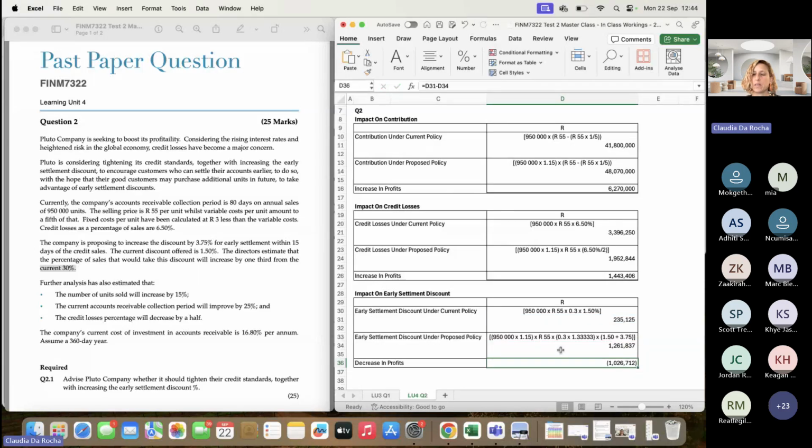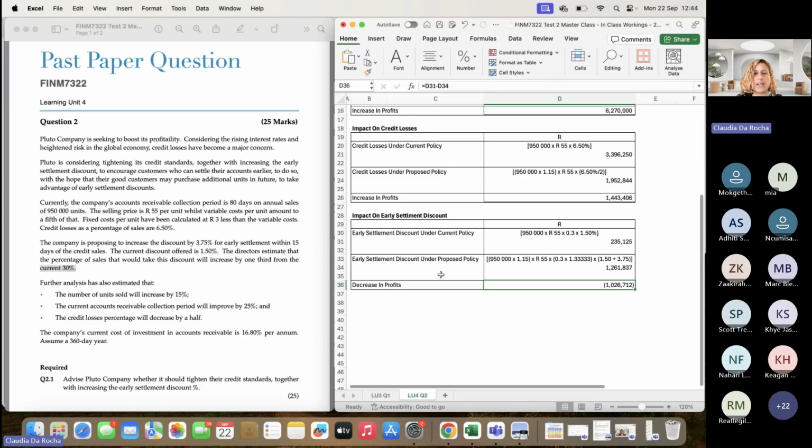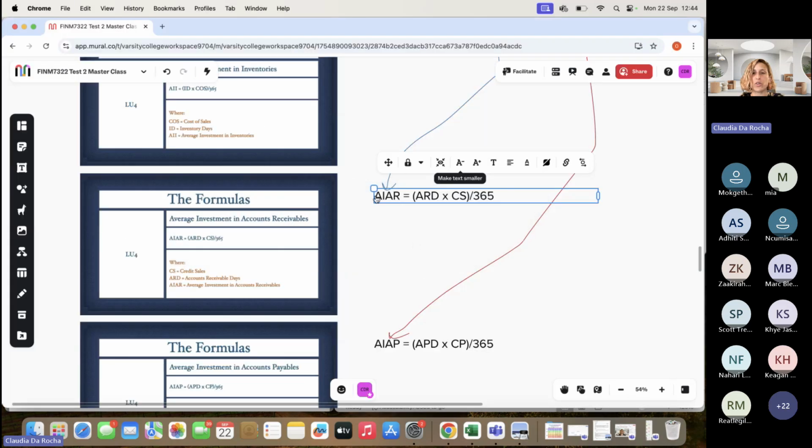All right. Okay, last part of the question. Okay, now we're going to look at the marginal cost of investment in accounts receivable. Take into account the formulas that we would have gone through, which is these ones that I showed you.